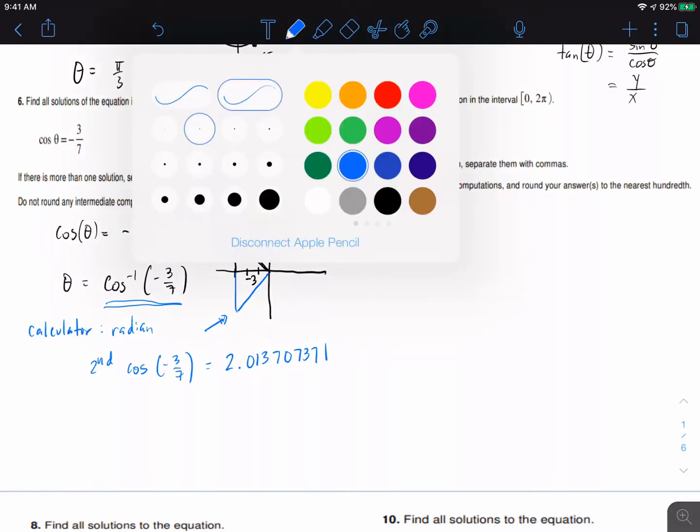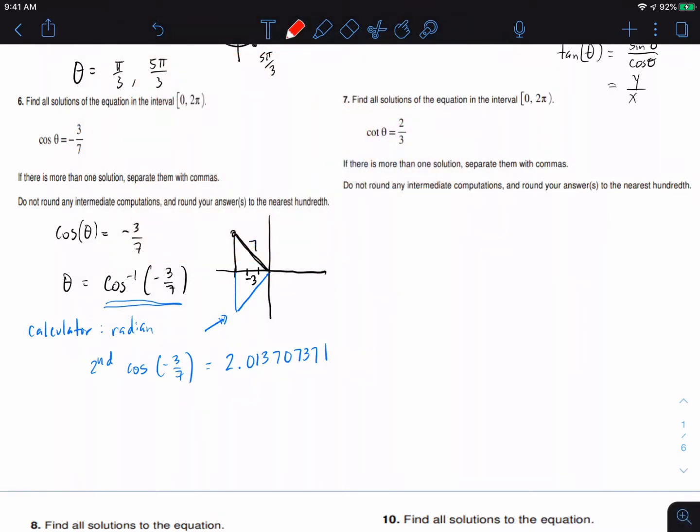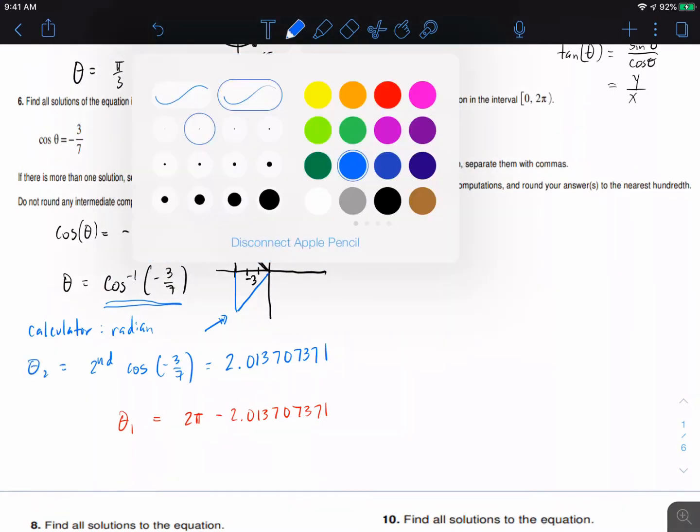To find the other answer, and I'll do it in red, what we're going to do is take this answer that we got, and we're going to go 2 pi minus the answer that we just got. So this we'll call theta 1, and this one we'll call theta 2, because it's the bigger of the two.